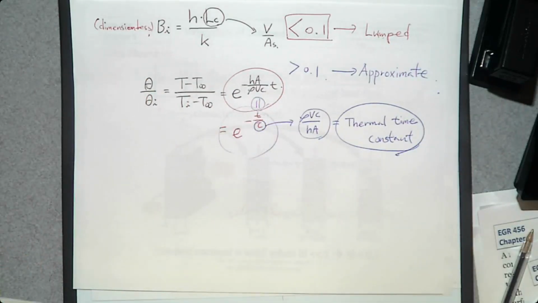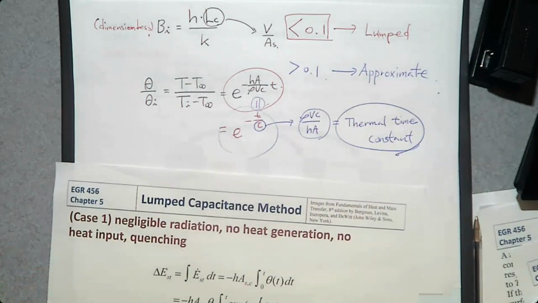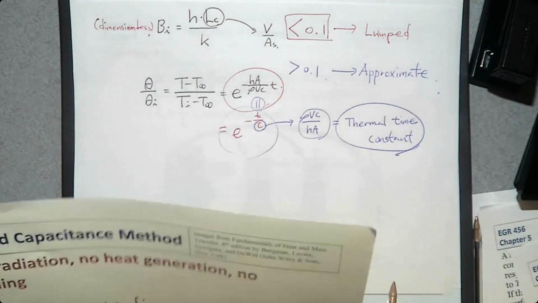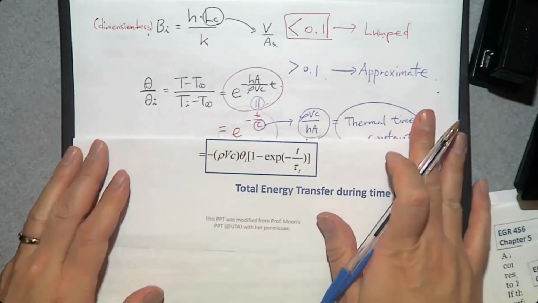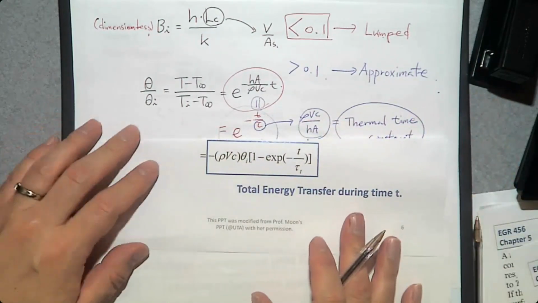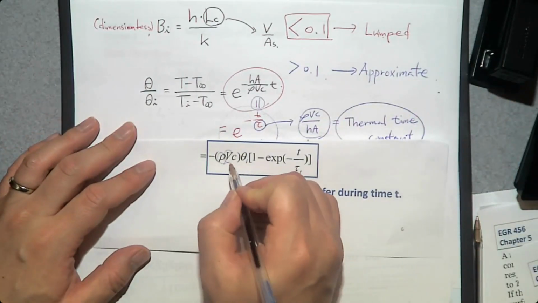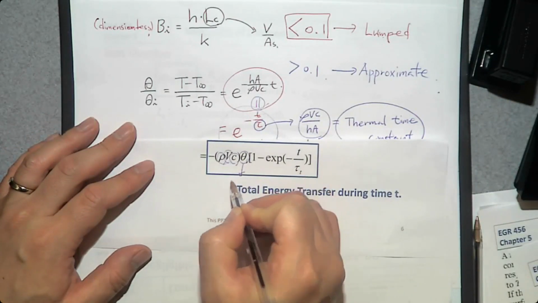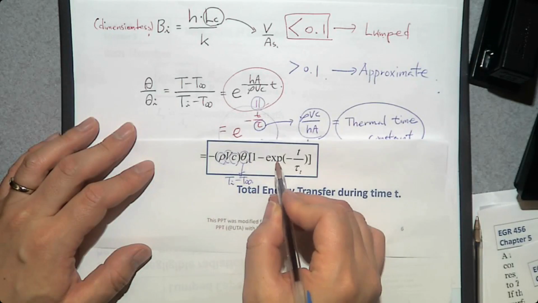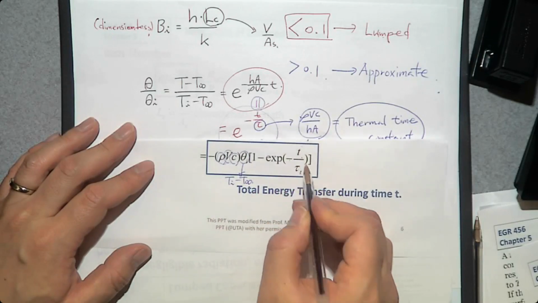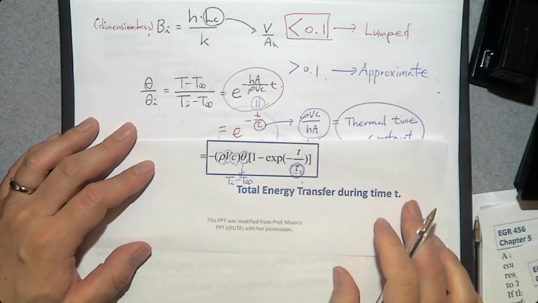And when you study heat transfer, you may be interested in two properties. One is temperature. What is the other? The rate of heat transfer. Then how can we determine the rate of heat transfer? You can use this equation. The change in the heat transfer can be determined by ρVc times θi, which is Ti minus T∞, times 1 minus e^(-t/thermal time constant).